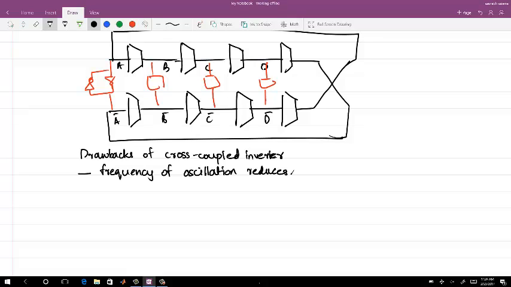The other thing is, the loading is the bigger problem here. Let me put it this way. If this terminal goes high, you want this to go low, and at that time this has to go low, and this goes high.